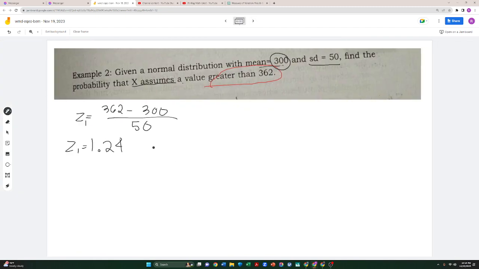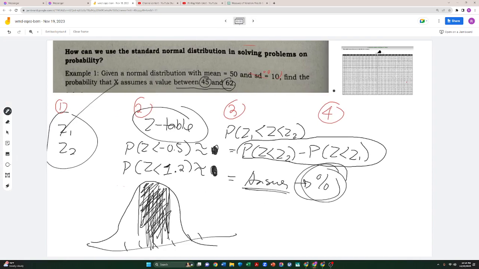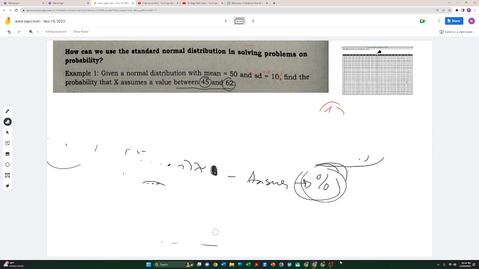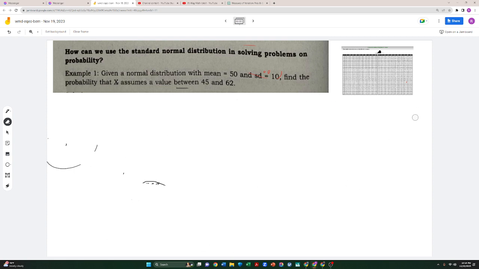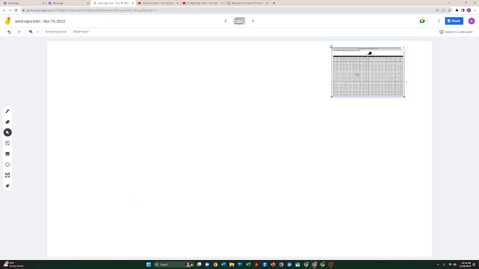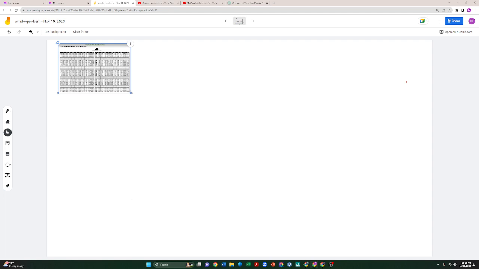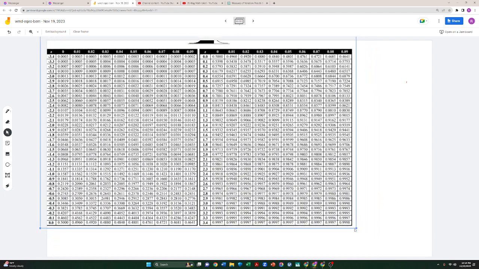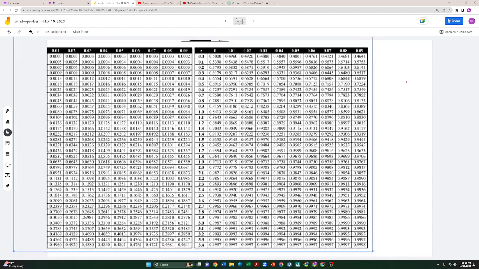Pila to? 1.24. Mabantayan ninyo diri, dirita sa positive.